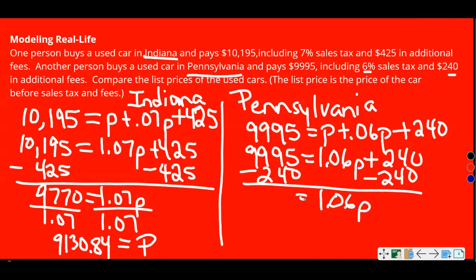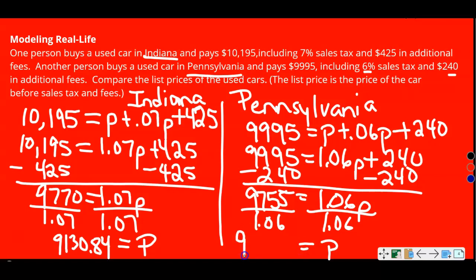So 9995 minus 240 is $9,755. Divide by 1.06. And the price of this car is going to be $9,202.83.